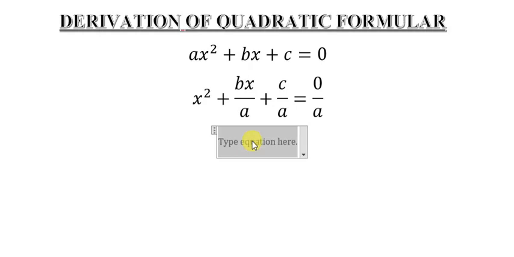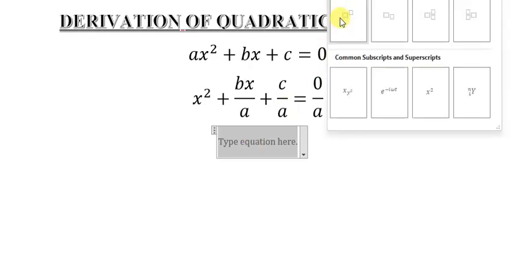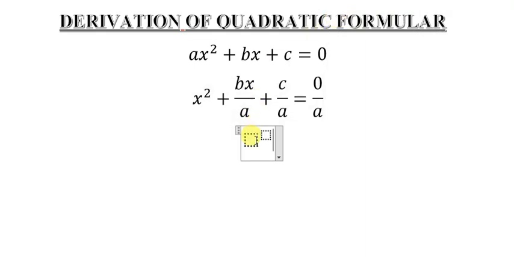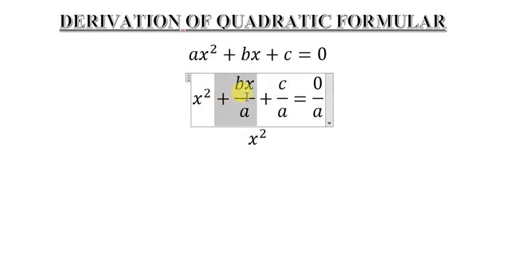In simple terms, we mean x squared is going to be present, equally, we will still have bx out of a being present again.